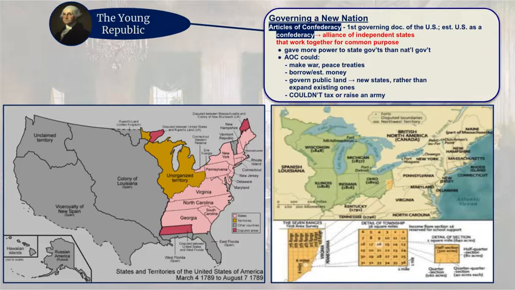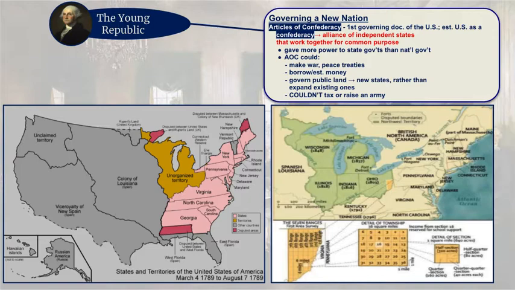If the Spanish down here decided to invade Georgia, there was no national army to deal with that. The idea was we'll get the militias of states together to come and take care of that problem. And again, that's just not a very feasible thing to base your whole national security on, state militia. So there's a lot of things it couldn't do, and obviously this has some issues with it.